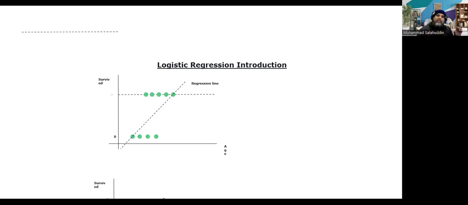Now have a look, we are saying chances of survival, but at the end the result is either going to be one, they survive, or zero, they do not survive. There can't be anything in between. So with these kinds of problems, where we need to classify an object into one of the scenarios, is it going to be 1 or 0?